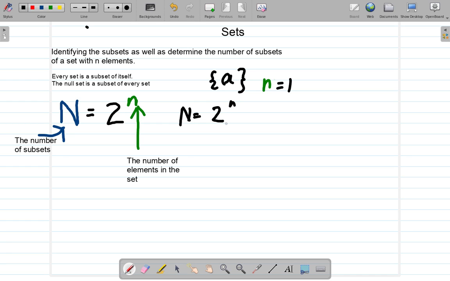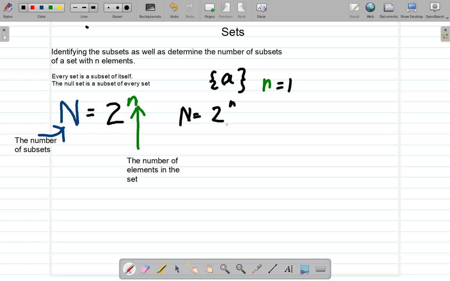And remember, by the way, subset, in case you forget, it means how many sets you can list out of a big set. How many smaller sets, or the set itself, how many sets you can get out of that set. That's what subsets are, not how many, but each set that you can form out of that set that you're looking at.